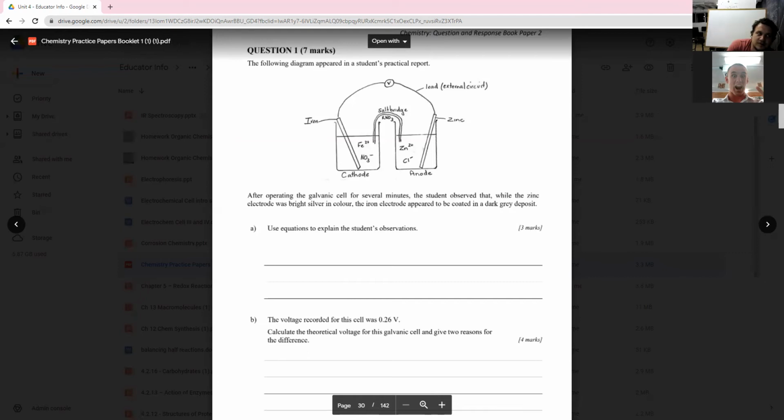Yep, so what oxidation reaction is happening and what reduction reaction is happening? So we can write the reaction at the anode and the reaction at the cathode. What reaction is happening at the anode?